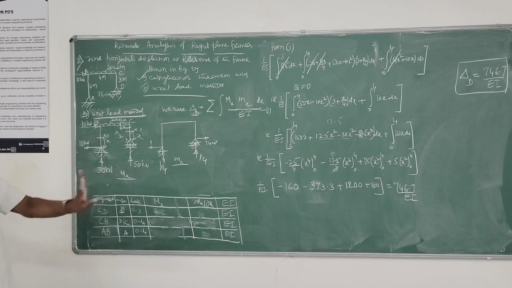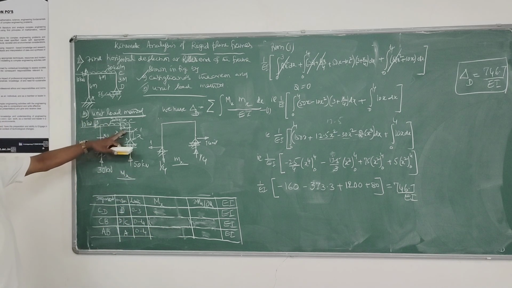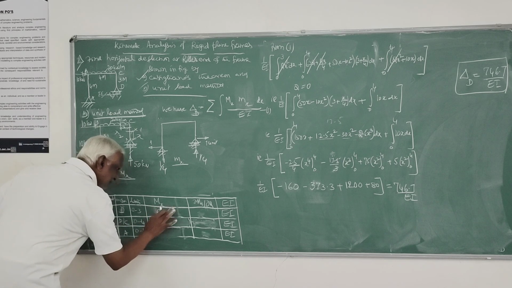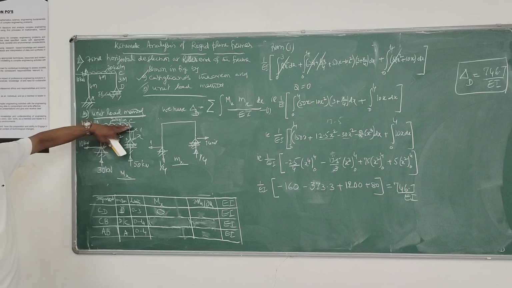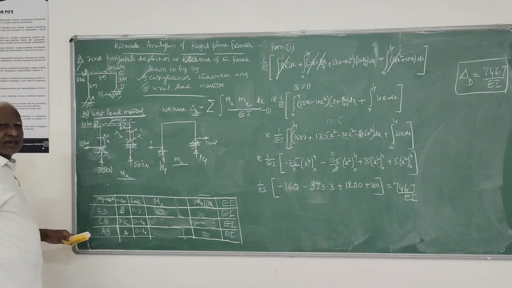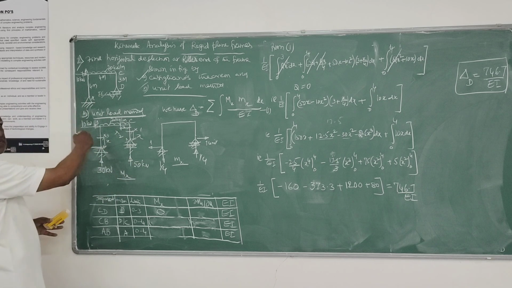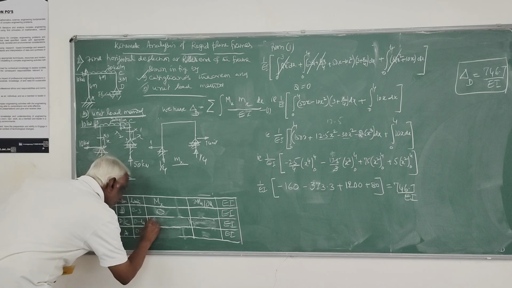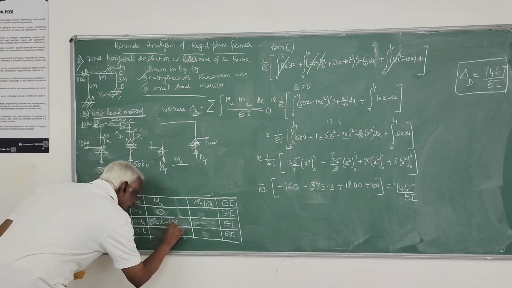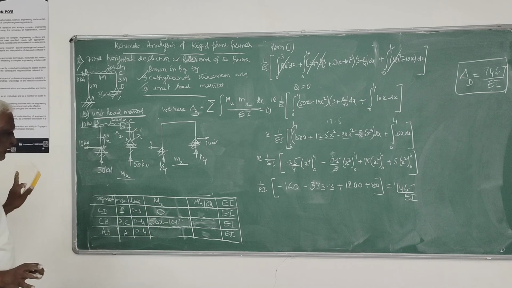So here now, mx, here moment 0. There is no load causing it. Here it is 50x minus 20x into x by 2, that is 10x square. This is hogging, this is sagging, so this will be 50x minus 10x square. That's all. Very simple expression.